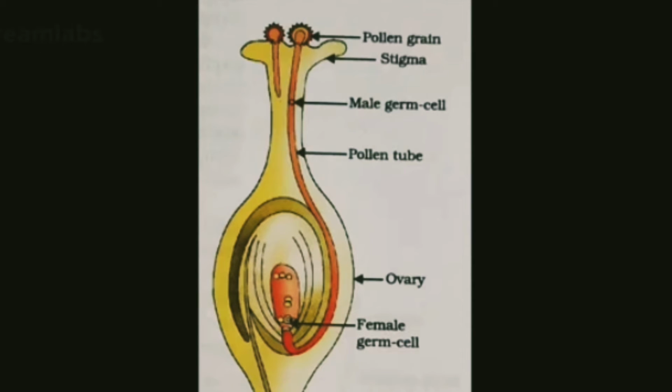The sugary content present in the stigma provides nutrients for the pollen to germinate. It produces a pollen tube. Among many pollens, only one will reach the female gamete.